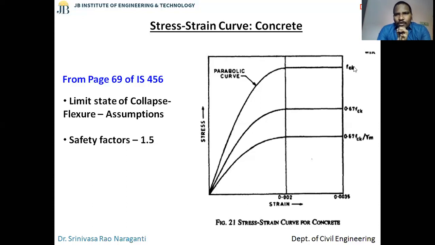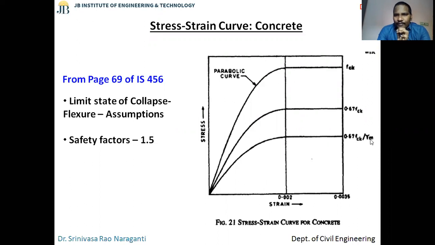Because concrete is made of a lot of materials, there are a lot of quality issues involved. That's why you don't take the strength as fck itself, but you take fck by 1.5. This is the strength that we consider for design, 0.67 fck. But then again, we apply what are known as partial safety factors, gamma m. Gamma m is the safety factor.